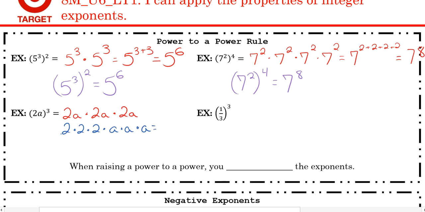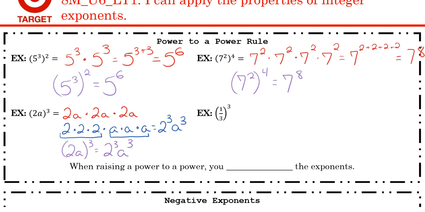And when I do that, I see that I have 2 times itself 3 times, so that would be 2 to the 3rd power. And then I have the common base a times itself 3 times, which would be a to the 3rd power. So we have 2a raised to the 3rd power is equal to 2 to the 3rd power times a to the 3rd power.